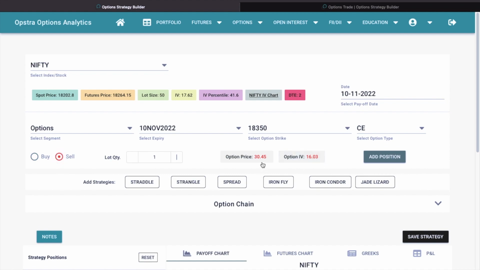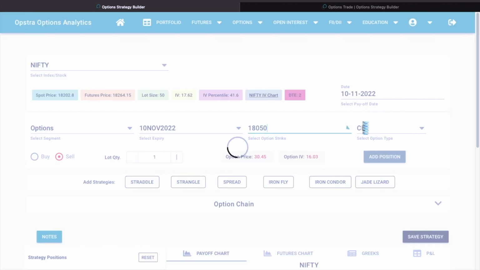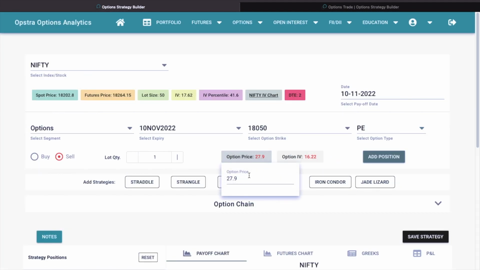I will sell, and let's say the value has decayed from 19 to 10 rupees. And again the 18,050 put option which we have bought as a hedge, that also I will square off. Okay, 10.